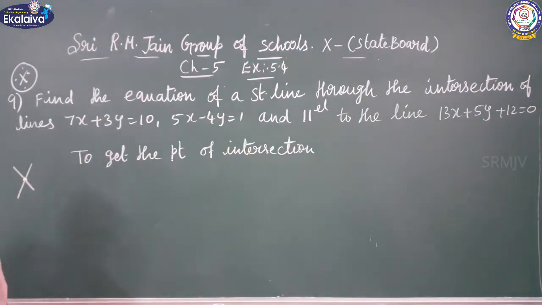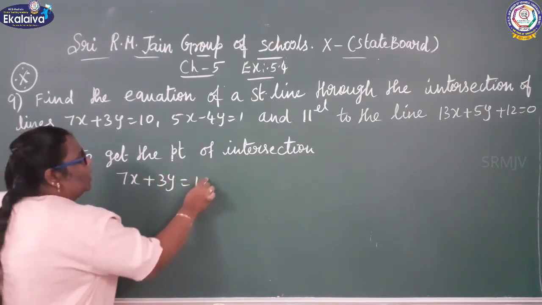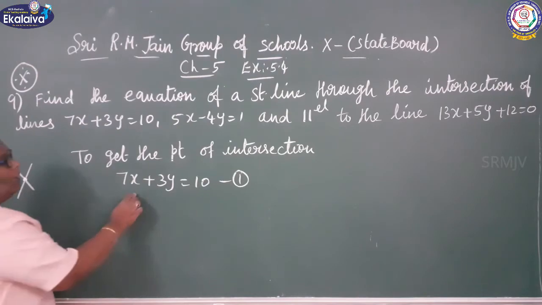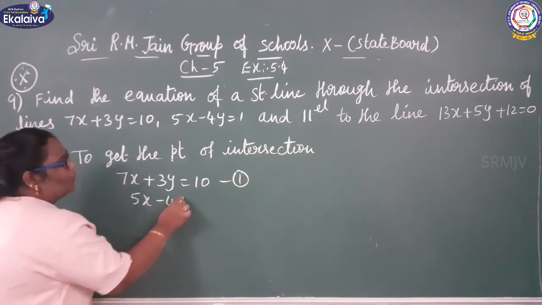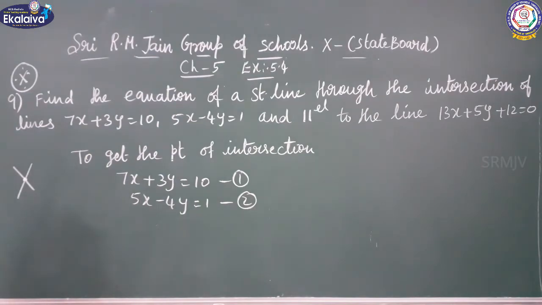You can take 7x plus 3y equal to 10 as the first equation, and 5x minus 4y equal to 1 as the second equation.